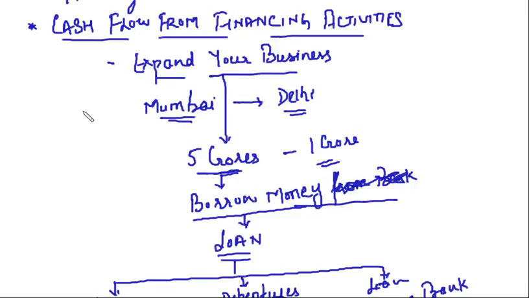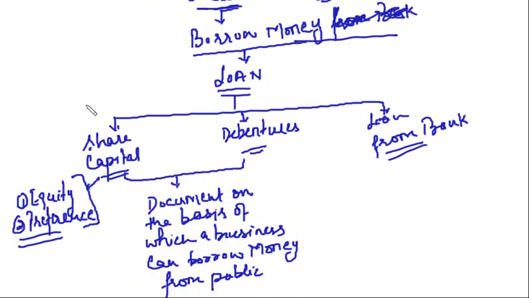We will either issue shares and take money from the public, or issue debentures and take money from the public, or take a loan directly from the bank. Clear, friends? So, if we talk of cash flow, let's see what the cash inflows and what the cash outflows are in case of financing activities.